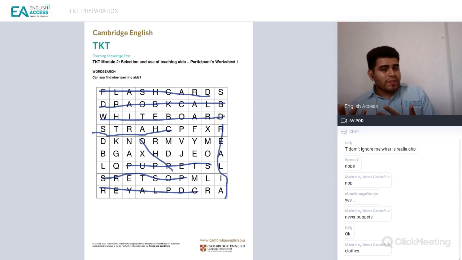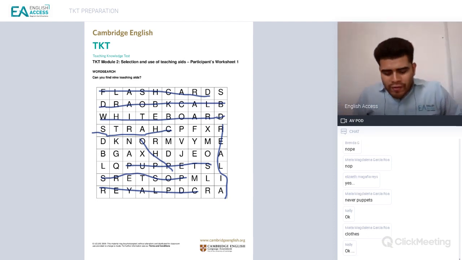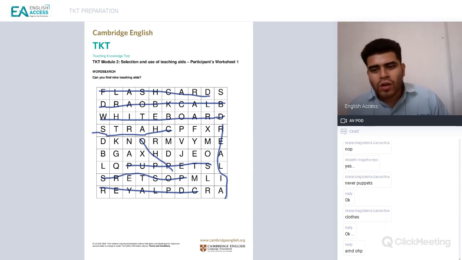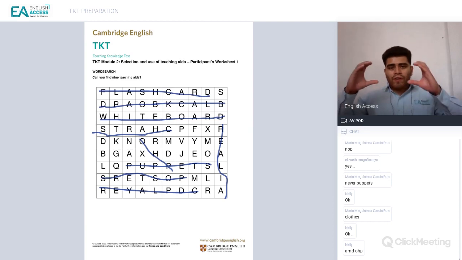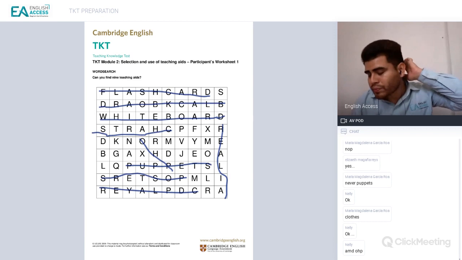For example, if our topic is sports, maybe you can bring a very popular soccer ball or a very signed baseball bat. All of these are realia. It's usually a collectible item. Yes, clothes too. Exactly. If you're having the topic about clothes, then bring in some clothes. Real things. OHP is overhead projector, like the one we had at the school.